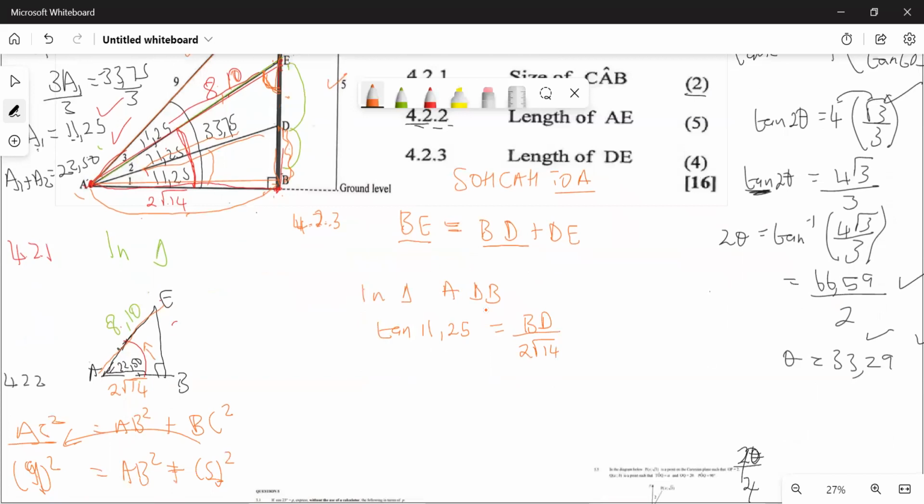And then you cross multiply. You have 2 root 14 multiplied by the tan of 11,25, which is going to be BD.